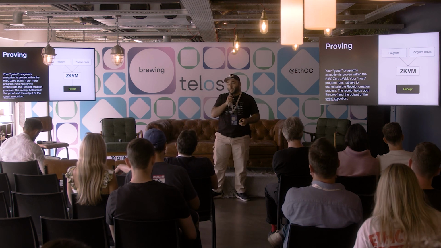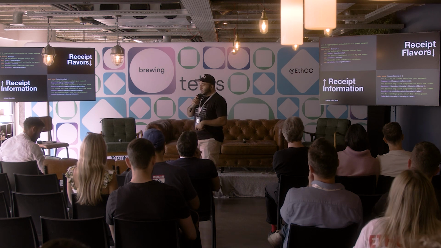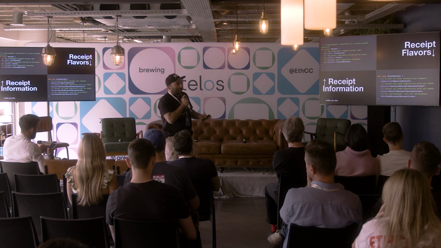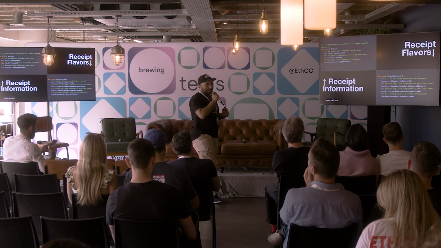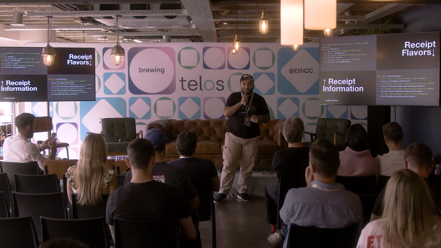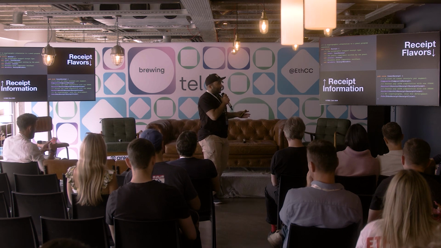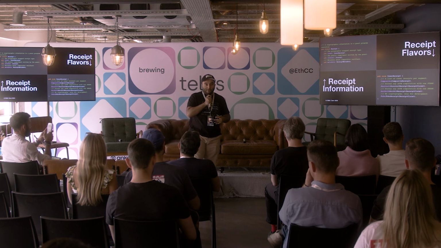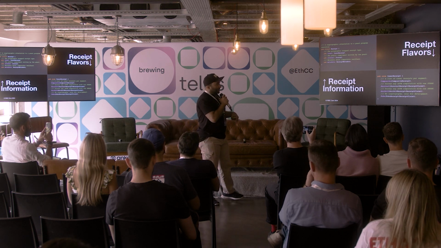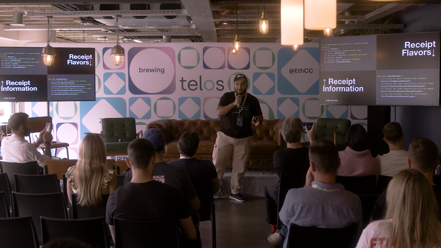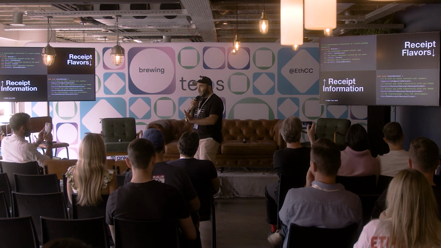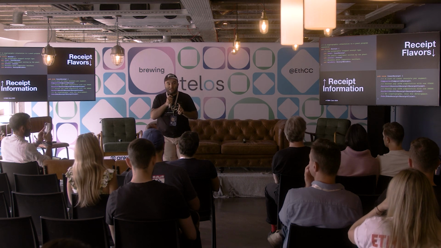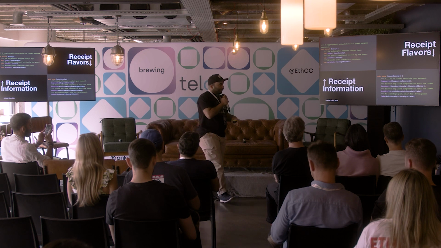The rest of the talk is mostly going to be about receipts, because receipts basically come in different flavors. A receipt is a combination of the output of your program and the cryptographic proof. Now, the receipt flavors are basically a composite receipt, which is like a very big receipt that is just easy and fast to compute, or a succinct receipt, an actually succinct receipt, not a branded receipt, that is short no matter how long the execution is.